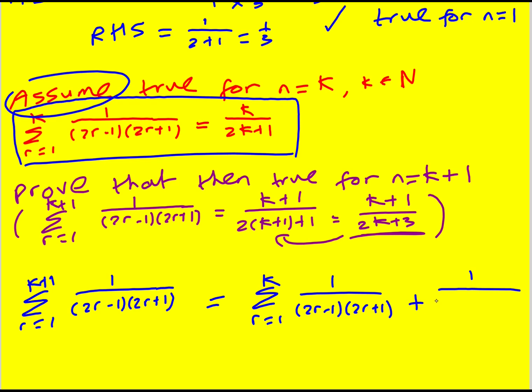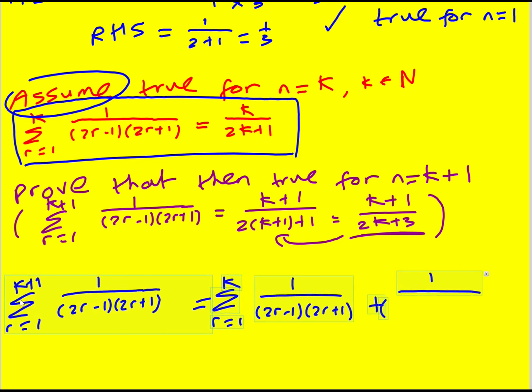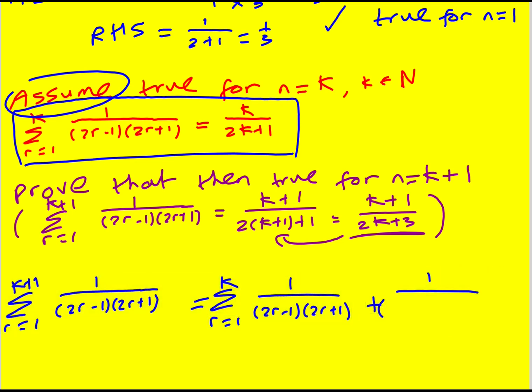So it'll be 1 over, I'm going to struggle to fit this in, let me just make a bit more space. One over 2 k plus 1 minus 1, 2 k plus 1 plus 1.